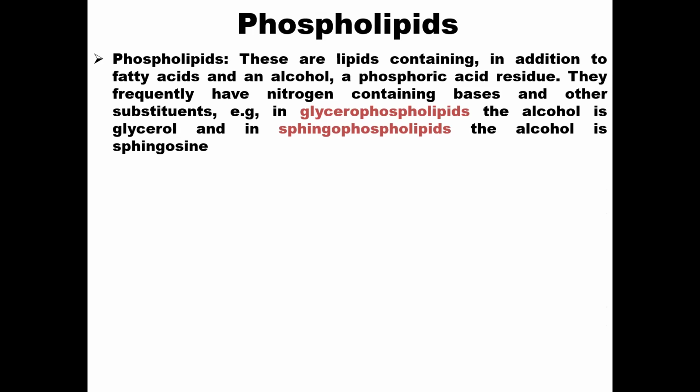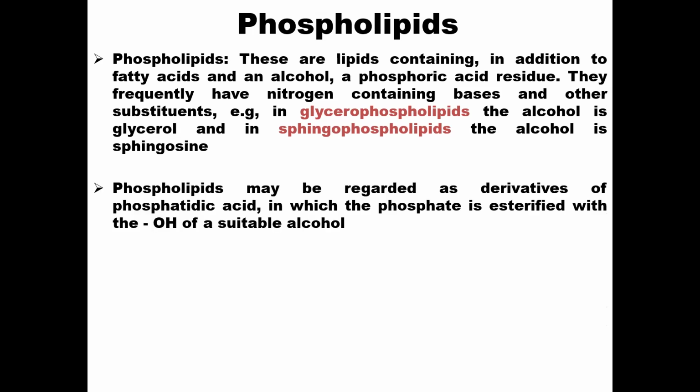And in sphingophospholipids, the alcohol is sphingosine. We are going to see the structure of sphingosine. Many phospholipids may be regarded as derivatives of phosphatidic acid, in which the phosphate group is esterified with the OH of a suitable alcohol.